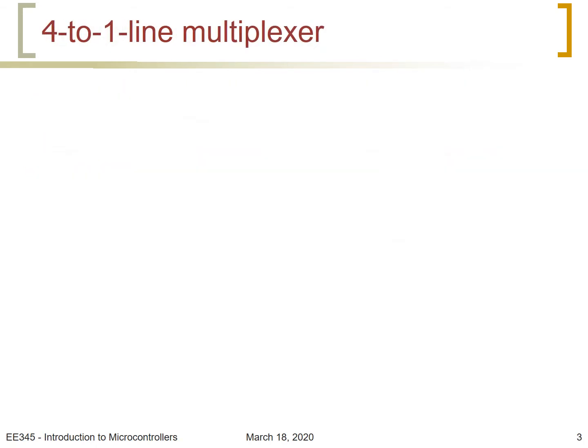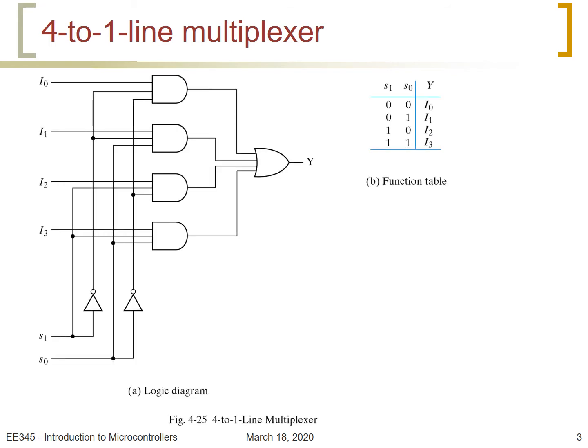We move now to the 4 to 1 multiplexer, 4 lines to 1 line, and this multiplexer has 4 inputs. We call them I0, I1, I2, and I3. For 4 inputs, we need 2 selection lines. We call them S1 and S0, where S1 is the most significant and S0 is the least significant.